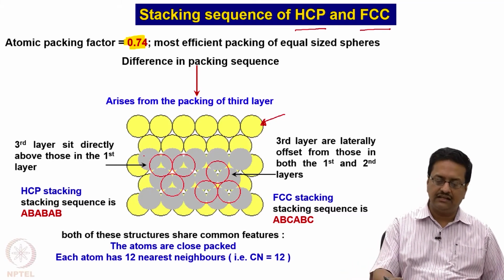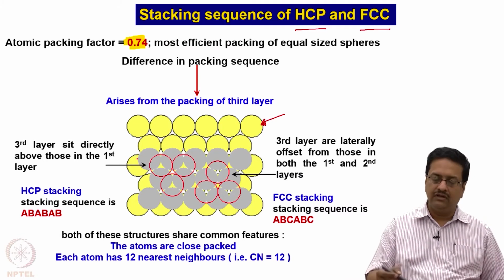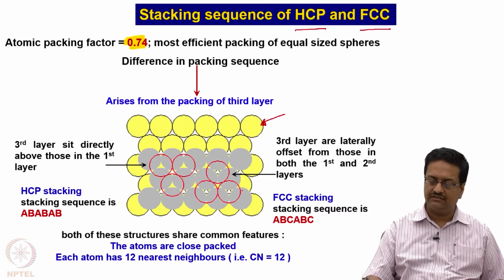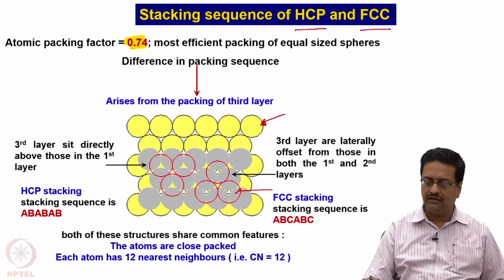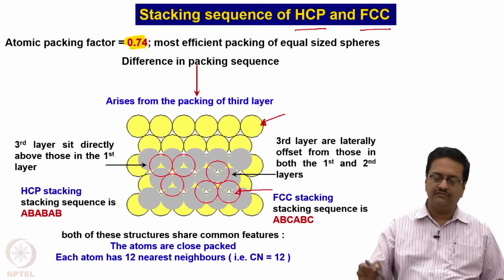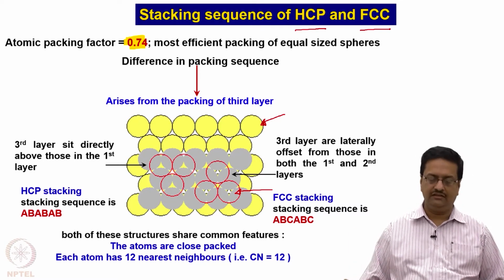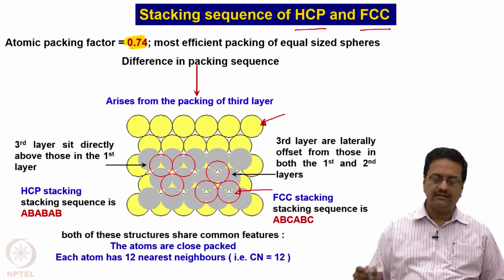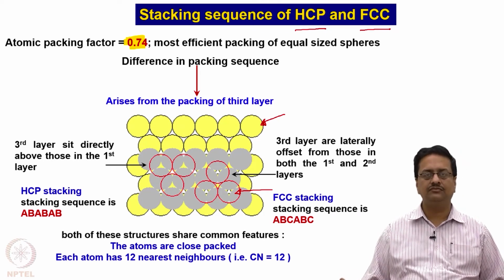So the third layer can be placed exactly on the yellow, or the third layer can be placed like the red. So that means there are 2 ways one can put the third layer, and that third layer decides whether it is hexagonal close pack or a face-centered close packing structure.